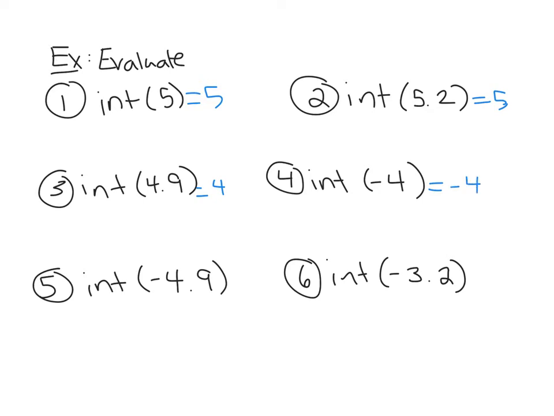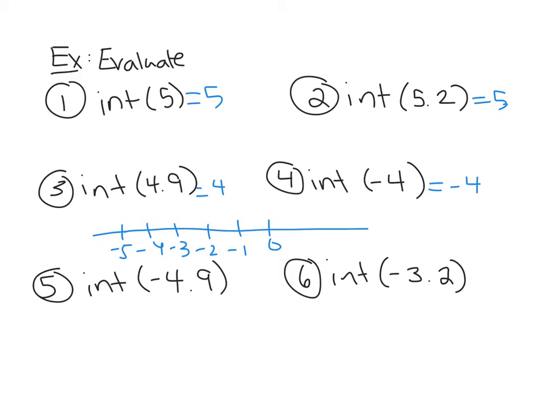For 5 and 6, negatives tend to confuse people to no end. So my recommendation is if it helps you, you're welcome to make a number line. I'm going to go ahead and draw a number line here. You don't need to do that, but it might help you if you're a very visual person.